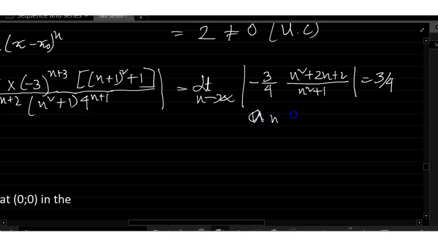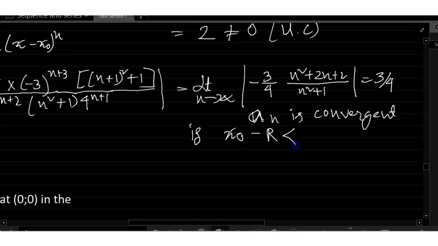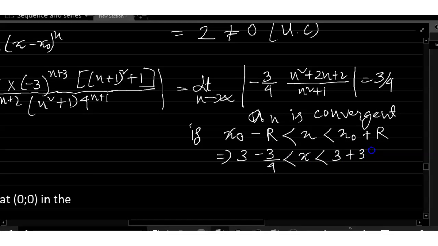The series summation a_n is convergent if x0 minus R is less than x, less than x0 plus R. So x0 is equal to 3, so 3 minus 3 by 4 is less than x, less than 3 plus 3 by 4.